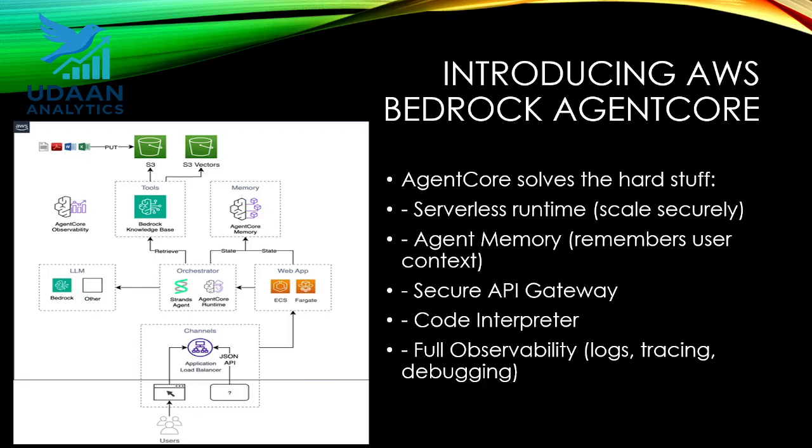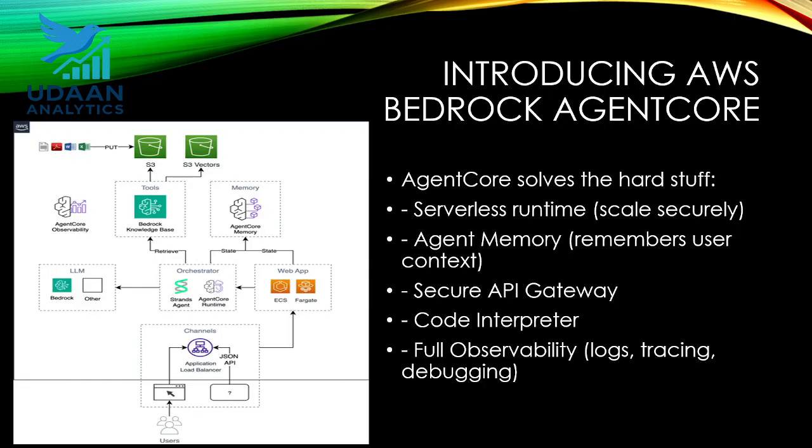Then we have code interpreter. This is amazing. It lets your agent run Python or JavaScript securely for logic, calculations, or data cleaning. Then we have logging of everything. It helps you monitor logs, performance, and failures, so you can debug like a pro.